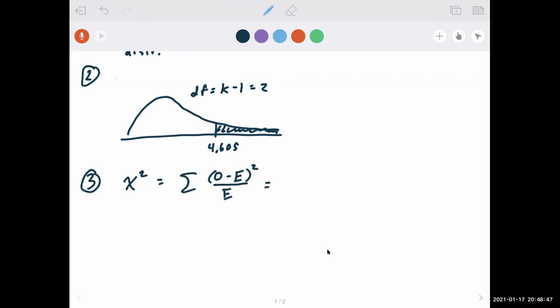So that means we're going to do the observed value minus the expected value, and then square it, and then divide by E again. That E comes in there twice. And then we're just going to add all of those up. So those are going to be the steps that we're going to make the spreadsheet do.